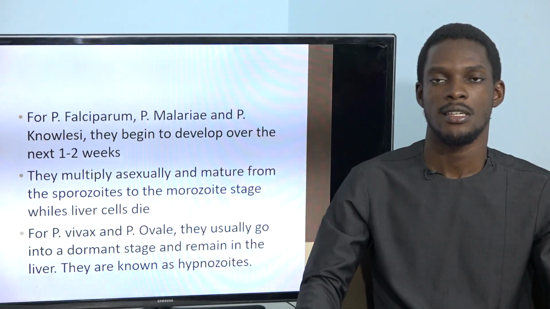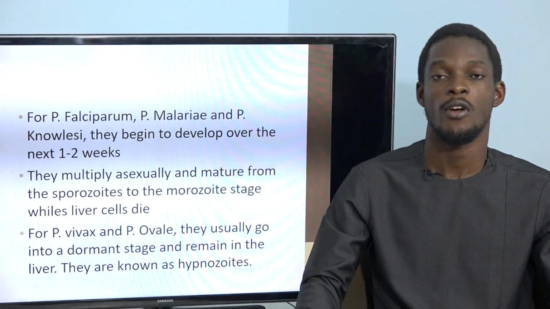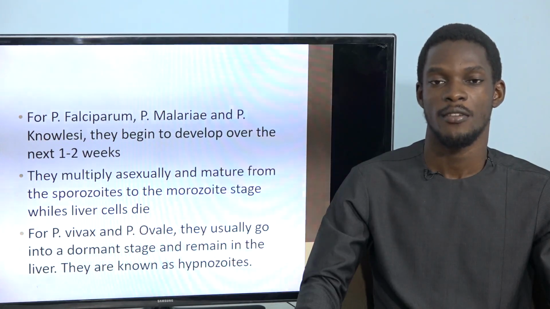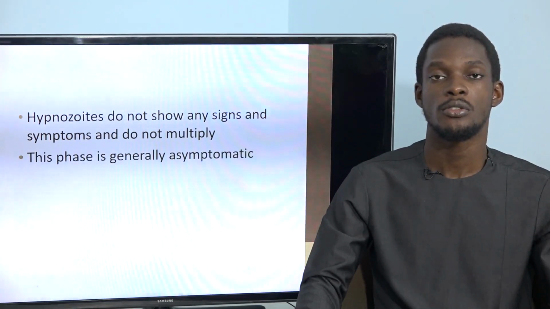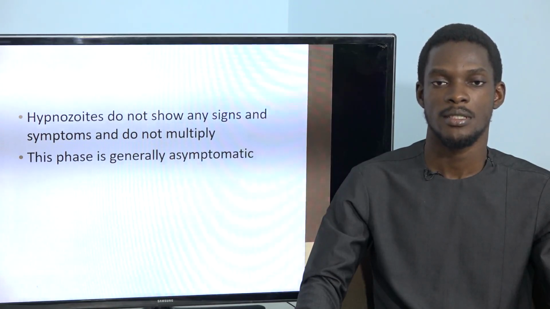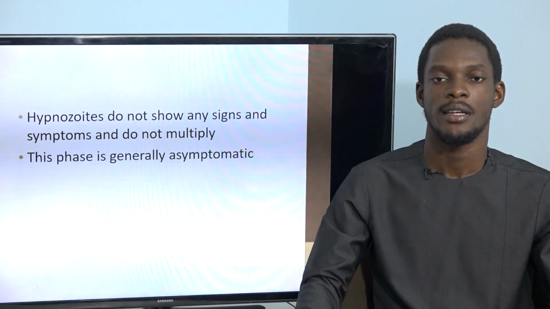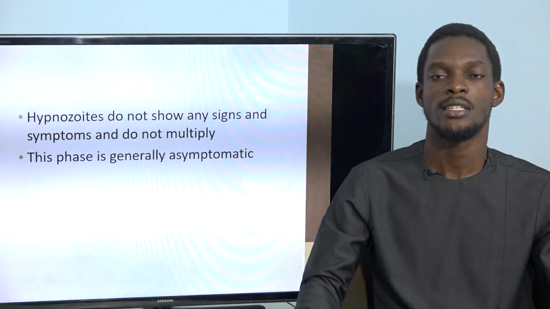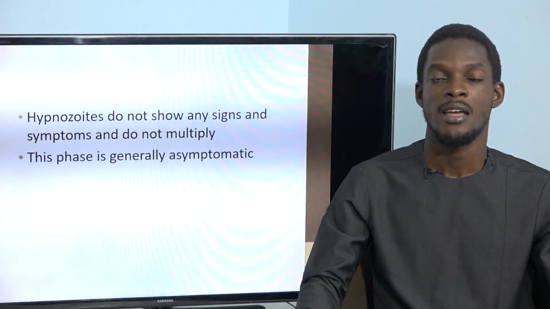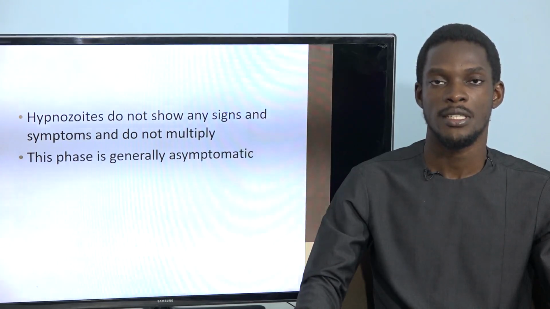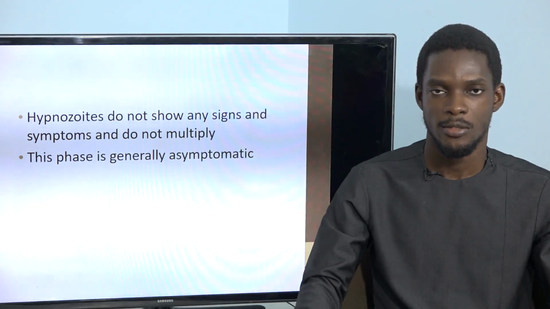Plasmodium vivax and Plasmodium ovale are known to go into a dormant stage within the liver for a very long time, for months, and they are known as hypnozoites. Hypnozoites do not multiply, and they are usually asymptomatic. In fact, the entire exoerythrocytic phase is asymptomatic.